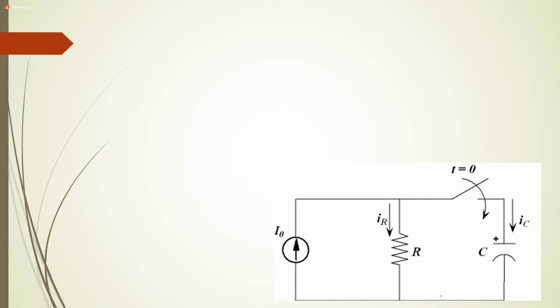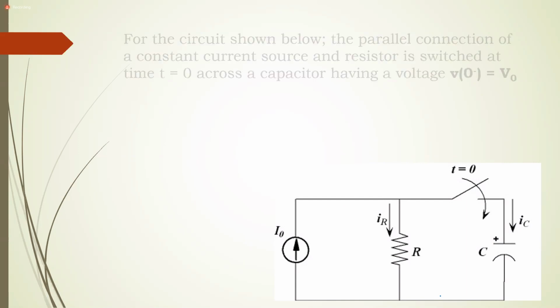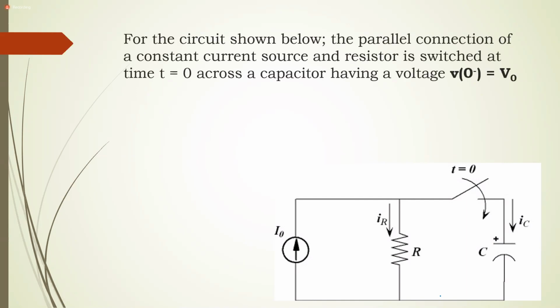Now, for this circuit, we have a current source and a resistor switched across a capacitor with an initial voltage of V0.